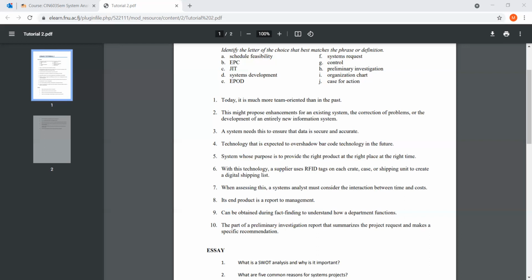Now, just looking at those keywords for the matching, you should know what schedule feasibility is and what systems development is. Those are important things. Probably you can note it down somewhere. You should know what a systems request is, what preliminary investigation is, what an organizational chart is. Do you still remember your organizational chart?